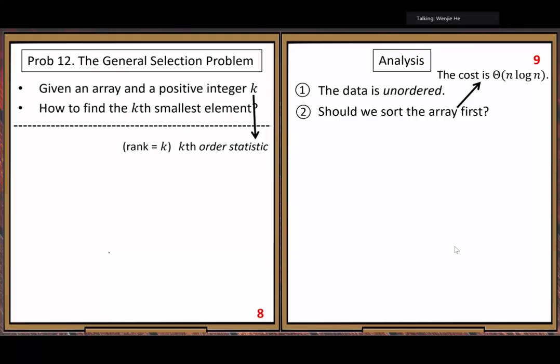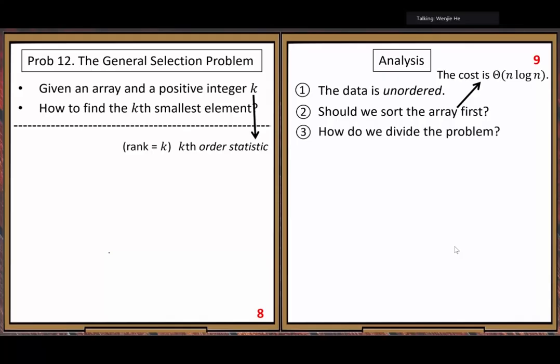At this point, we have not learned n log n sorting algorithms. This is a little too much. If we need to pay this much, that's not the most efficient way to solve this problem.